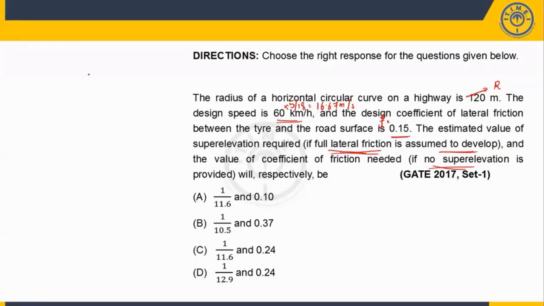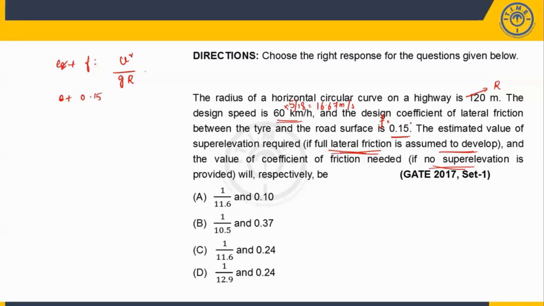Now, in super elevation we have the formula e plus f equals v square upon gR. First we will calculate the super elevation required.